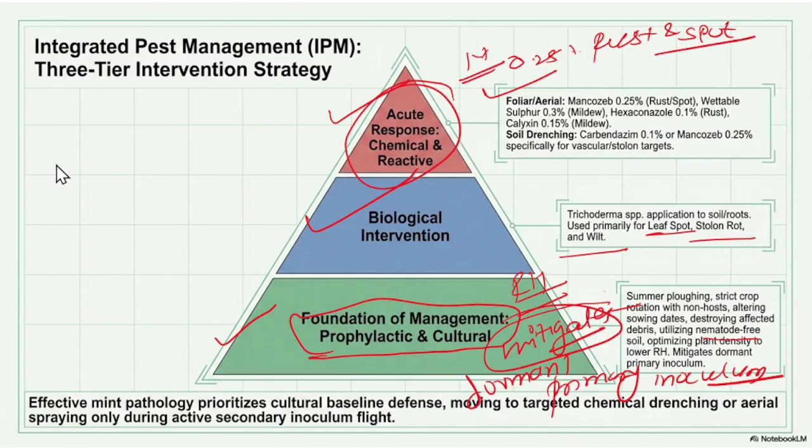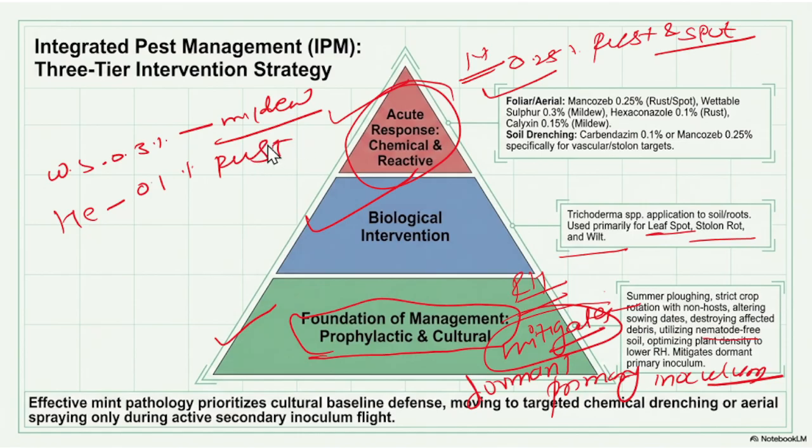Then wettable sulfur, at 0.3%, for the control of mildew, that is the powdery mildew. Then hexaconazole 0.1% for the rust control. Then Calixin, at 0.15%, is used for the powdery mildew, which is a major disease.